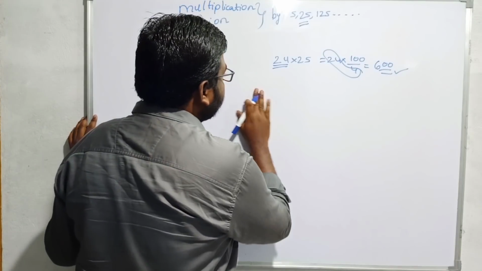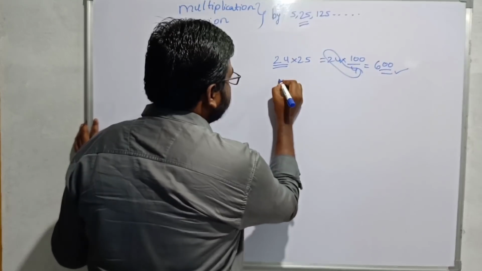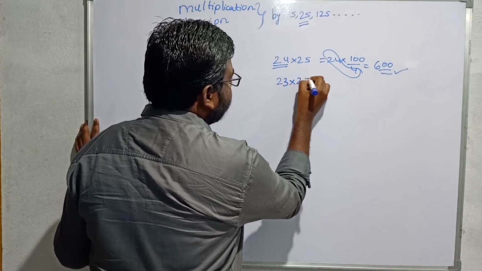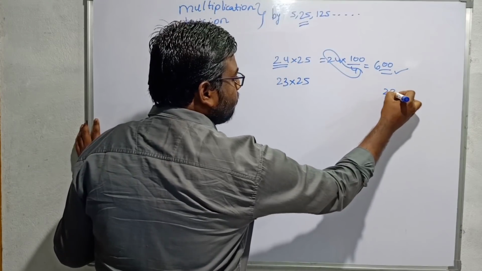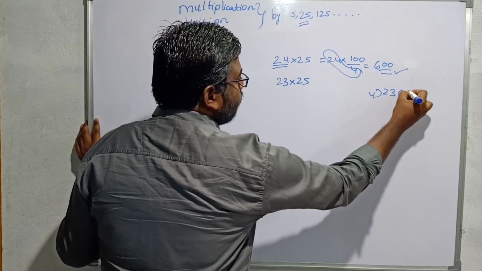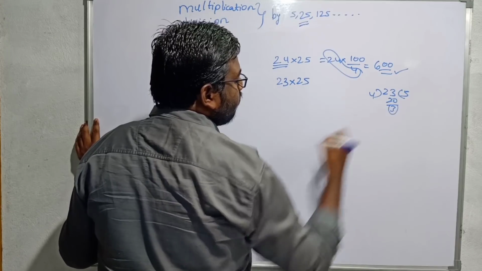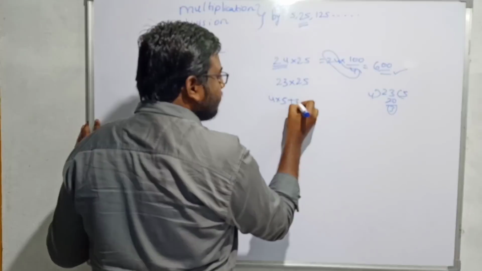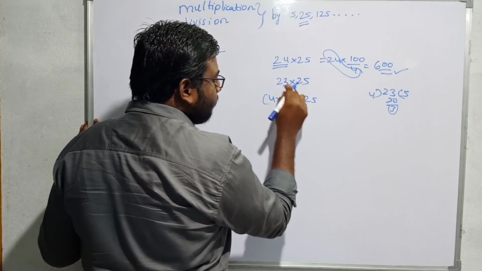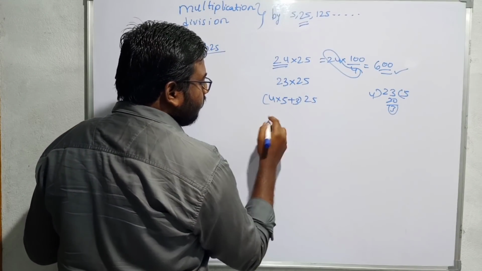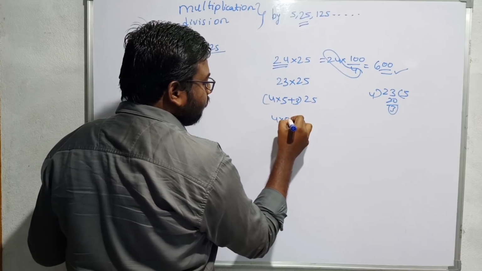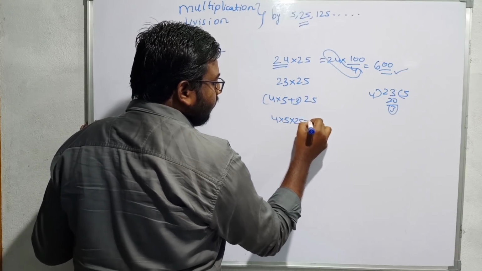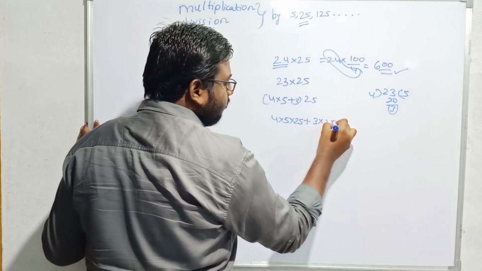So if I have to write this clearly, for example, if I have to write 23 into 25, I will divide this number by 4. 4 5s are 20, 3 is the remainder. So I can write this 23 as 4 into 5 plus 3, and I can multiply this with 25. Now I will write the further step as 4 into 5 into 25 plus 3 into 25.